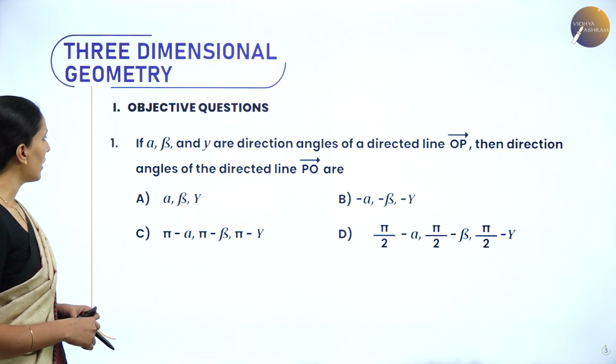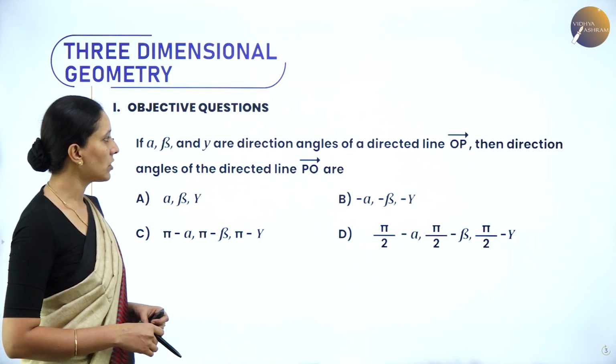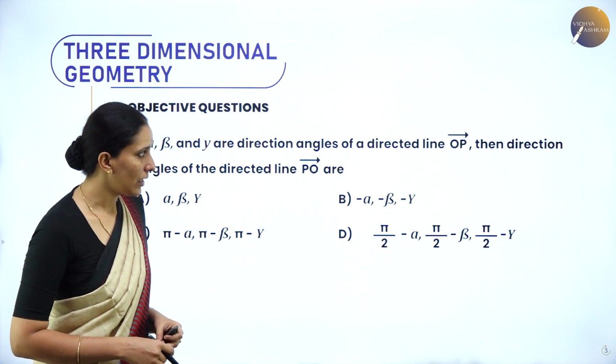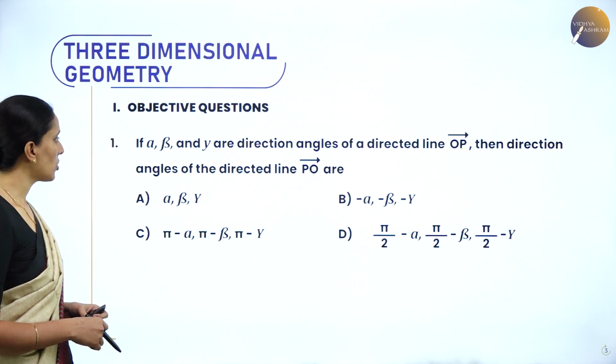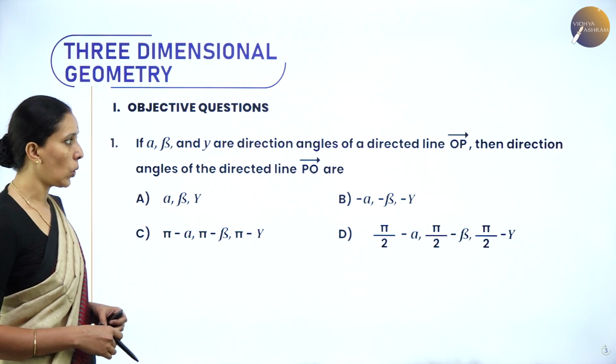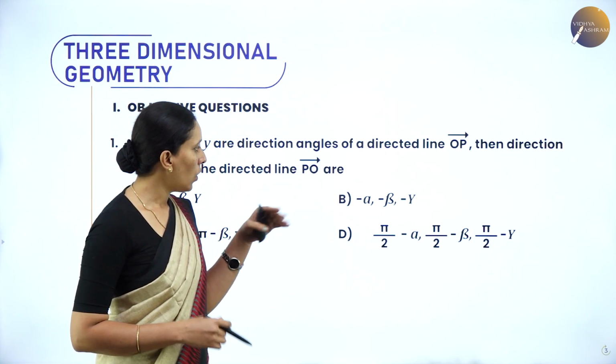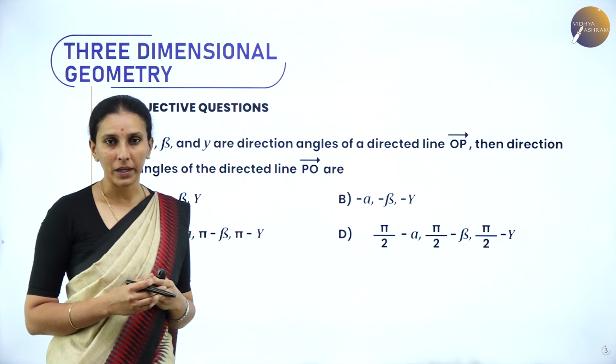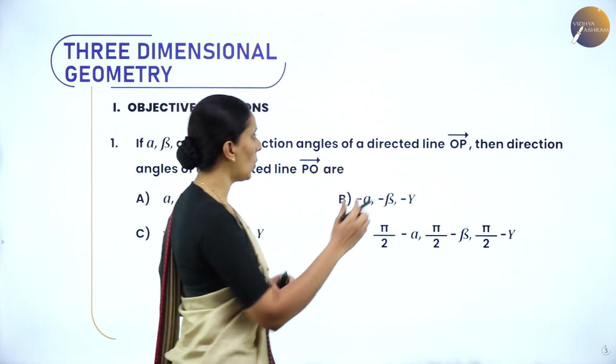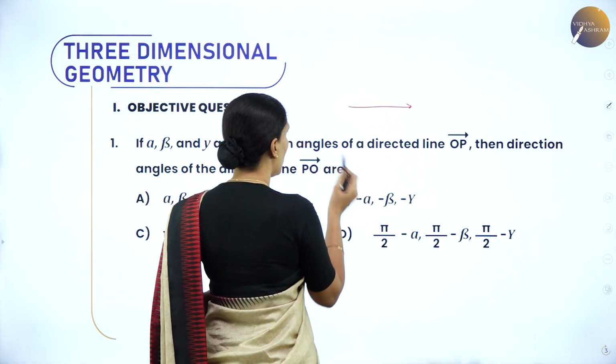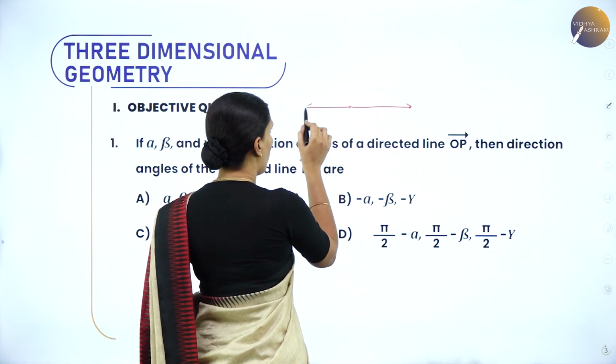If alpha, beta, gamma are direction angles of directed line OP, that is vector OP, then find the direction angles of the directed line PO. So we know that PO will be the negative vector of OP. When we consider OP in this direction, PO will be opposite to this.